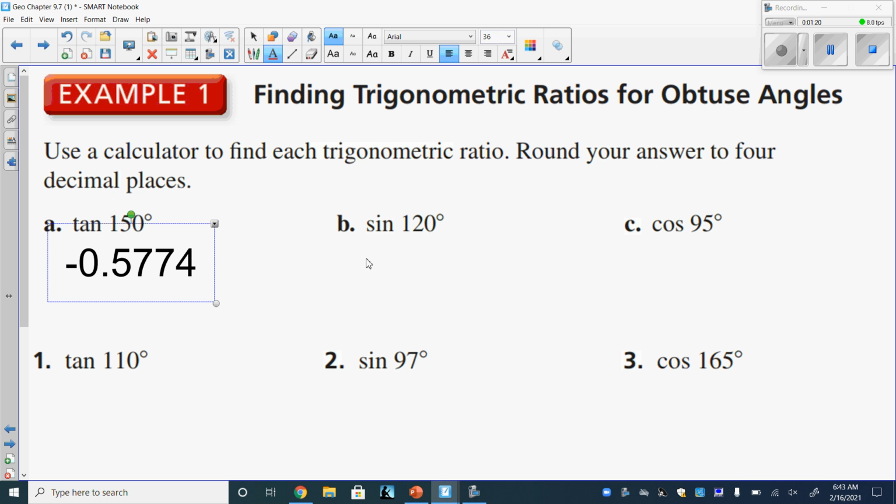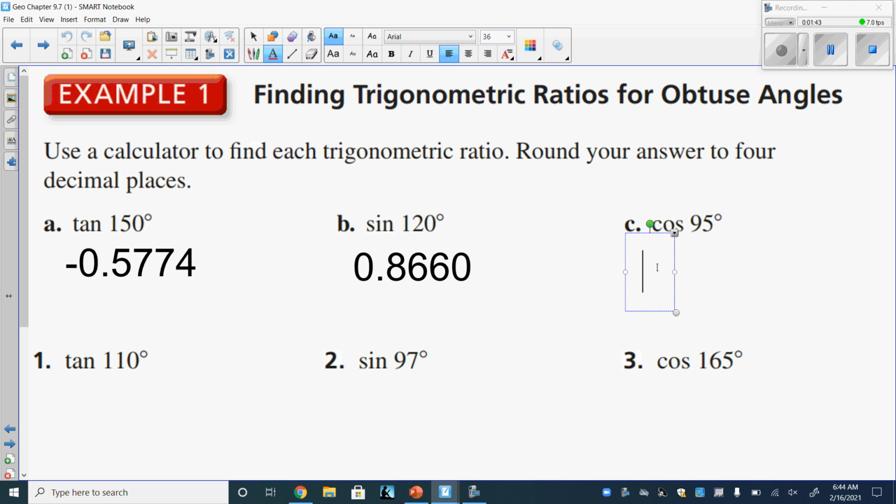We just need to plug this into the calculator, and the calculator will give us our answer. We can do the same thing for sine of 120 degrees. We type sine of 120 into the calculator, and it would give us 0.8660.